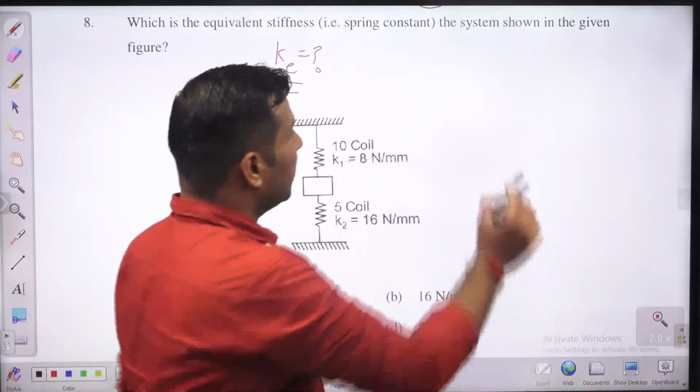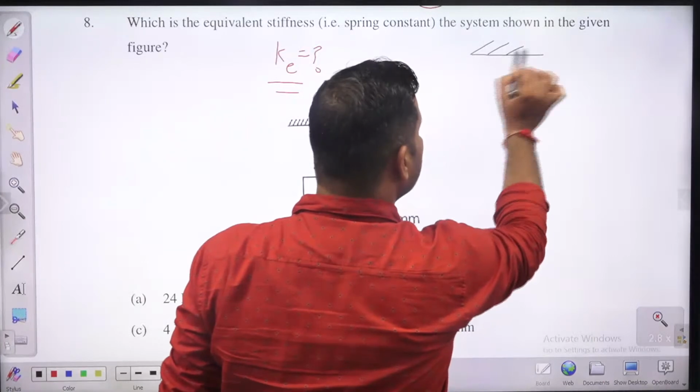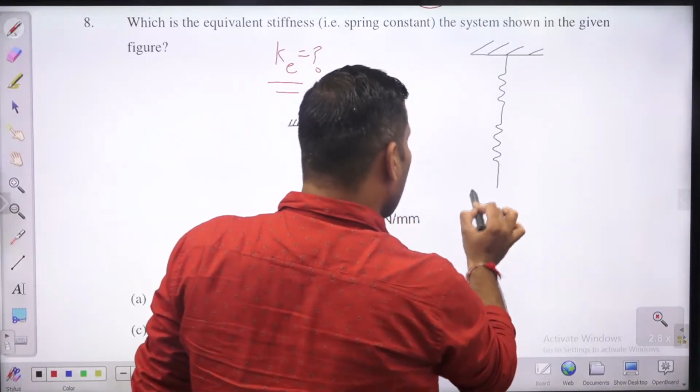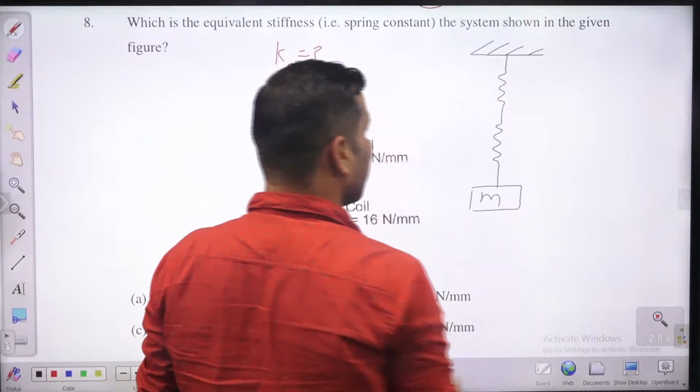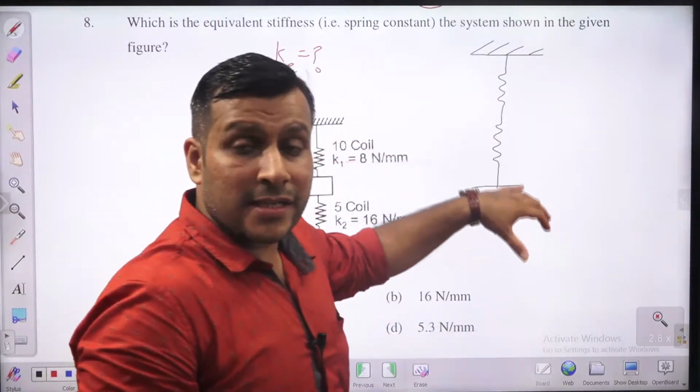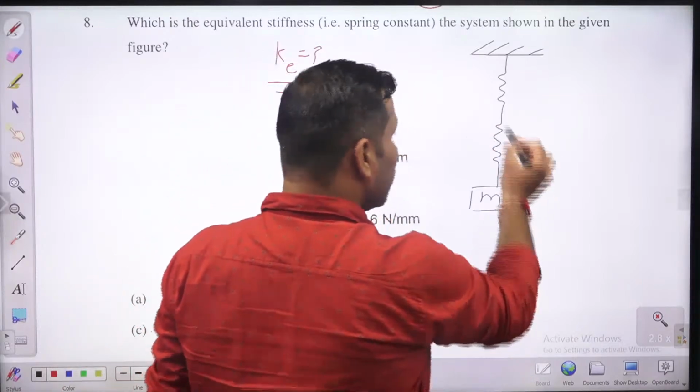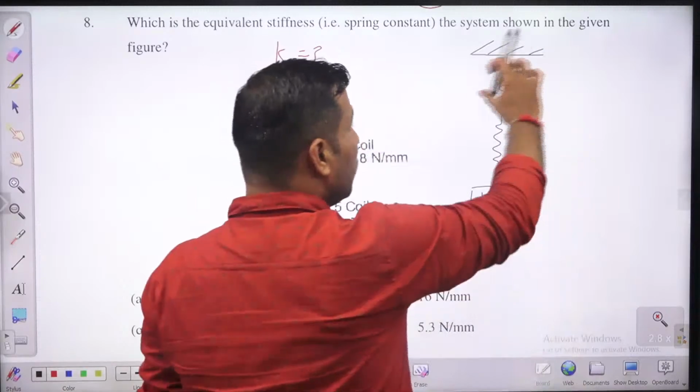Let me tell you, there is a case of springs in series. This is the first spring, this is another spring. These springs are in series if they are subjected to the same load. The load acting on this is mg, the load acting on this is also mg.